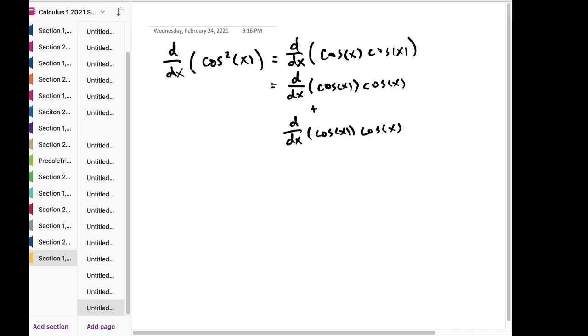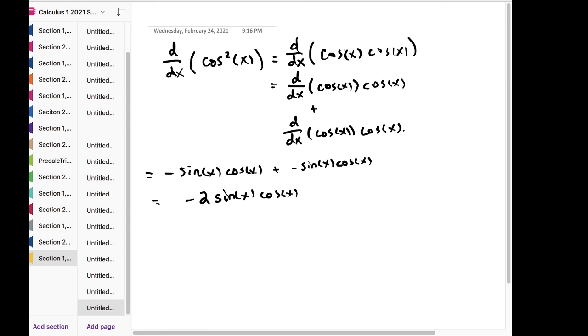Okay, same thing for cosine squared. We get negative sine of x, cosine of x, plus negative sine of x, cosine of x. So this is negative 2 sine of x, cosine of x.